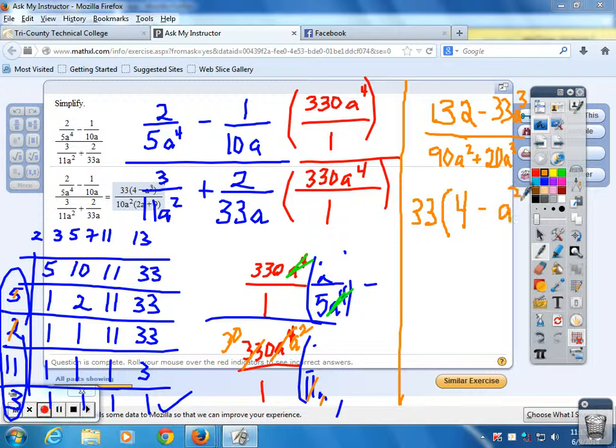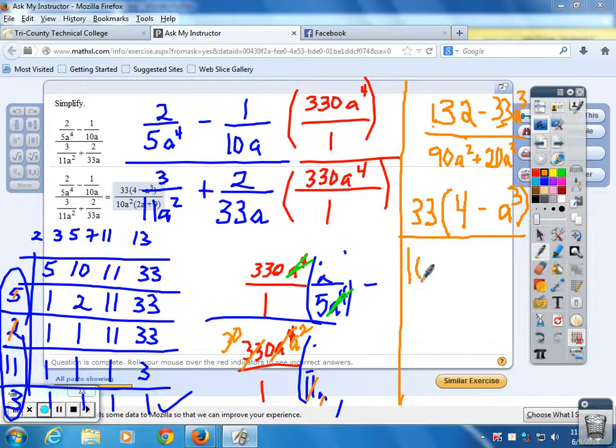No, wait. I divided 132 by 33 and I got 4, so why is it 33 on the outside? It should be 4. I factored out 33. I'm factoring out what's in common, a 33 here and a 33 here. Gotcha. That's okay. I thought I was doing something wrong.